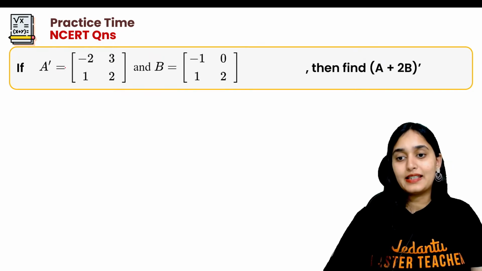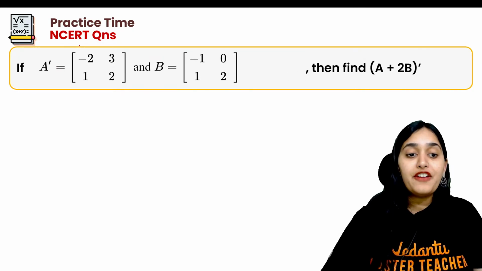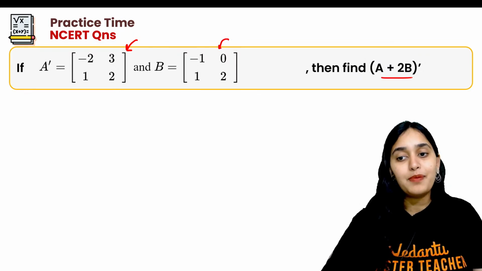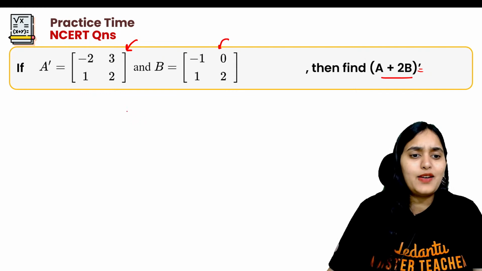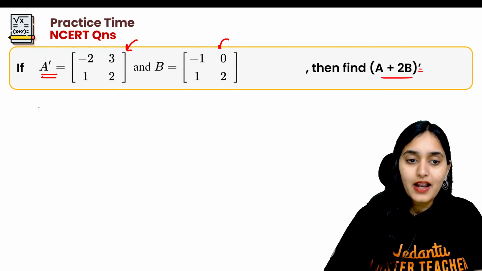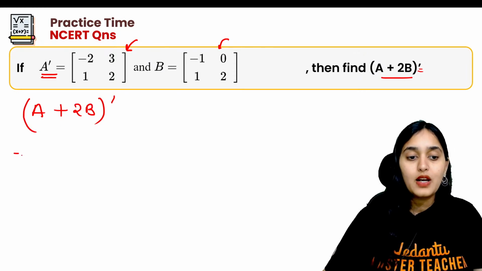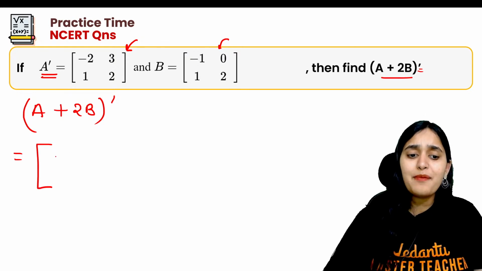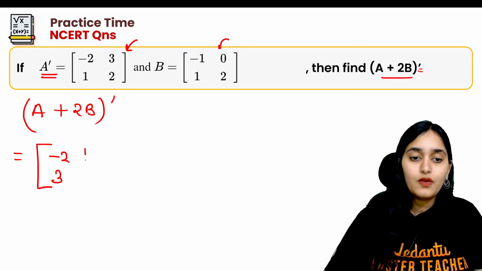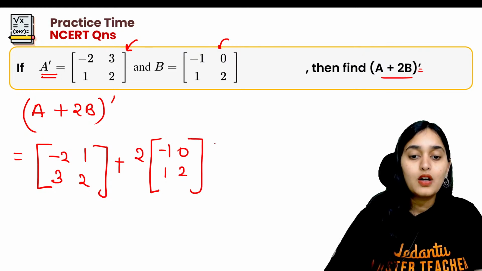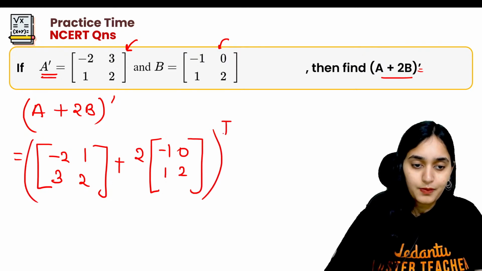Okay. Next question. If A transpose is this and B matrix is this, find A plus 2B whole transpose. Easy question. If this is A transpose, then first of all, A plus 2B whole transpose will be, what is A matrix? Minus 2, 3, 1, 2 plus 2 times of minus 1, 0, 1, 2 whole transpose.